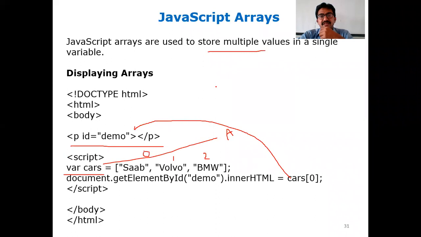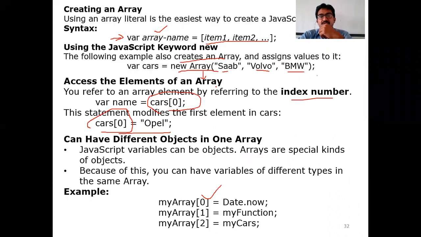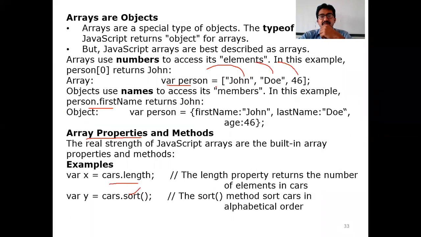Followed by that, we have seen arrays in JavaScript: how to create an array, which keyword we can use, how to access arrays, how they differ from objects, and how to make sure arrays are objects, array properties and methods.